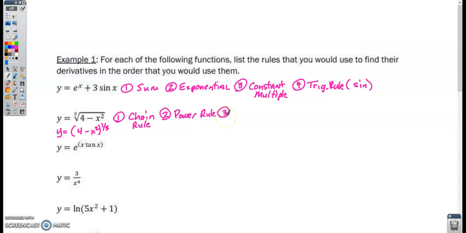And then I'm going to take the derivative of the 4 minus x squared, and in order to do that, I need the difference rule, since we're taking the derivative of a difference of two functions. It's hard for me to sometimes think on such fundamental levels. And then I need to use the constant rule. And I need to use the power rule.